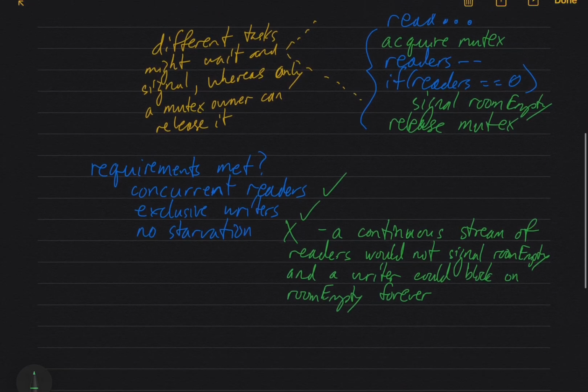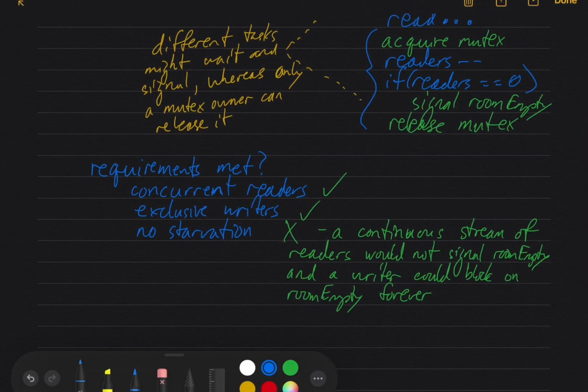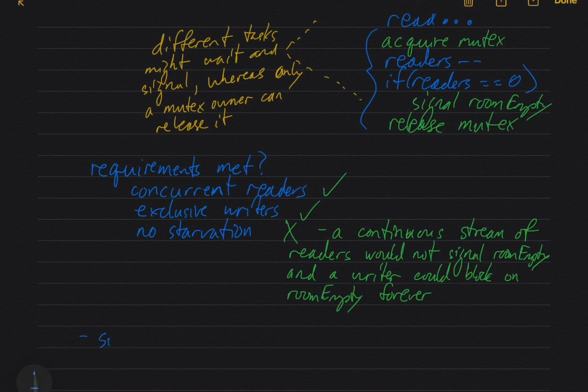So the solution to this is to basically see problem set 5, and what we do is add a turnstile, and the turnstile is used by the reader, so they will just wait it and then signal it right at the top.